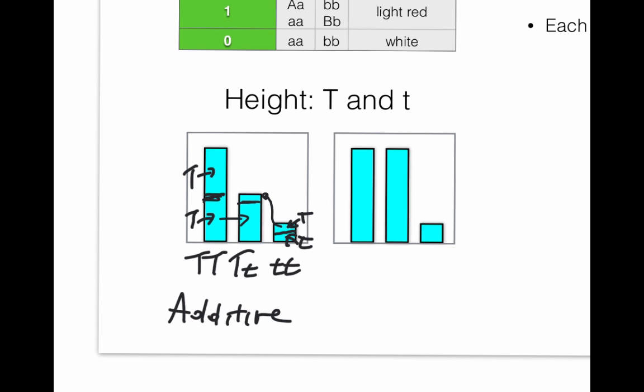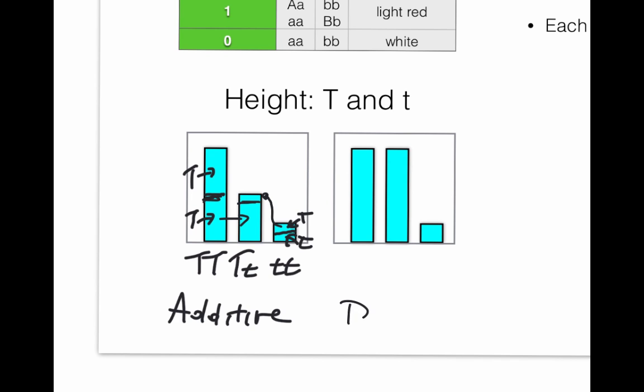So this is a very nice situation from a geneticist's point of view, because it means that if you know the genotype, you can predict exactly or fairly accurately what the phenotype should be.